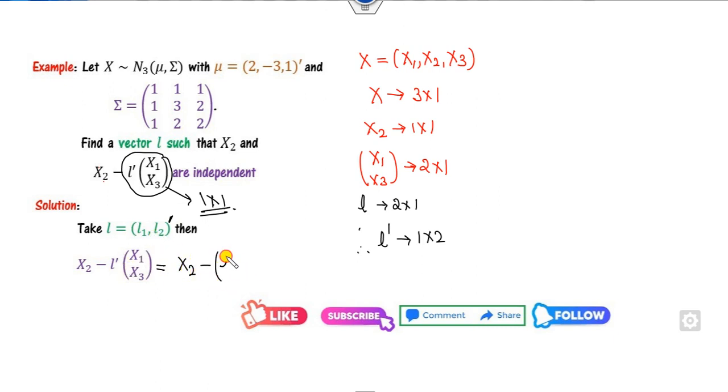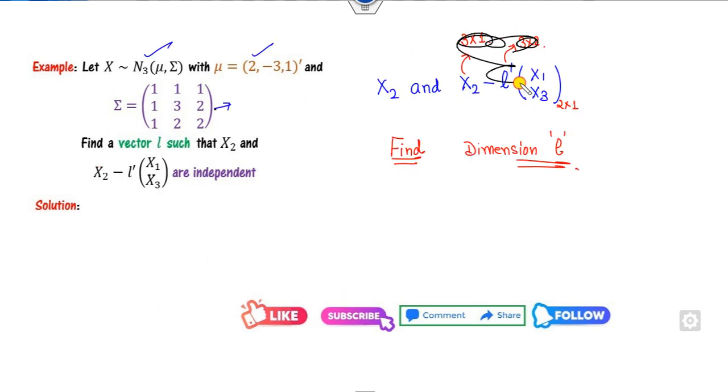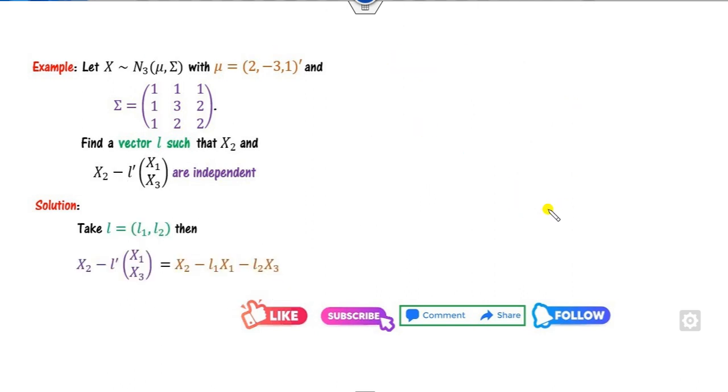The L complement is L1, L2 times X1, X3, so if you multiply them, it is X2 minus L1 X1 minus L2 X3. So the dimension of L is 2 cross 1.